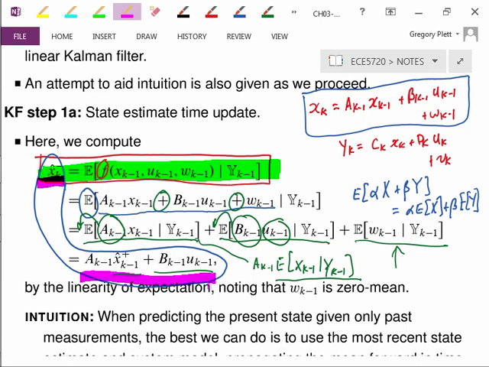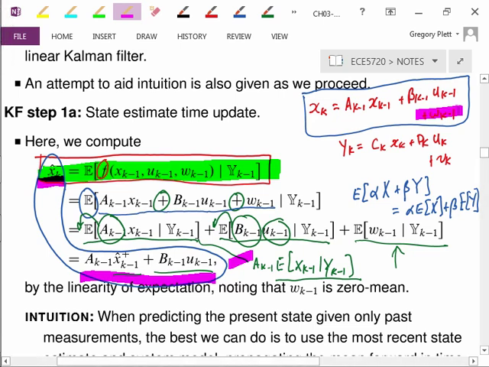So the prediction of the state right now is accomplished by taking the estimate of the state at the previous time step and propagating it forward in time using the state equation of the model with the most reasonable assumptions. We're assuming that the noise w is equal to its mean, 0.